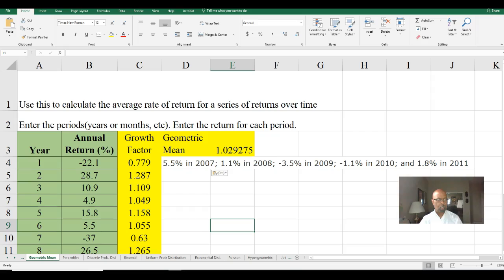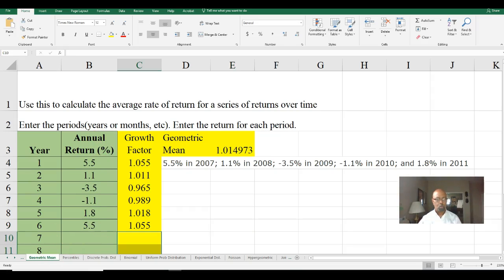The next step is to enter this information into the annual return percent column. So I've entered in the information. And actually, I entered in too much information. But I've entered in the information now for the 5 years.